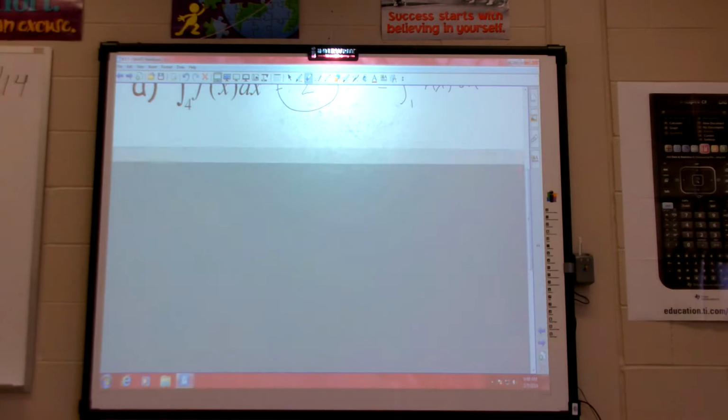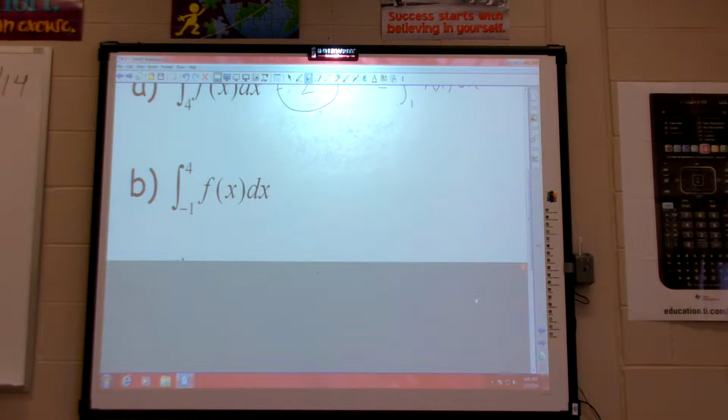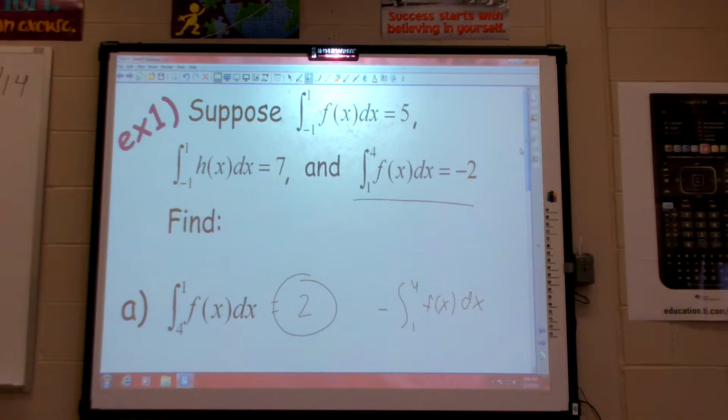Next, negative 1 to 4 of f of x dx. Negative 1 to 4. 7 and 3. Oh, that's right. 3.